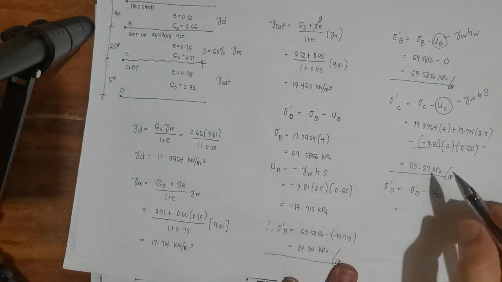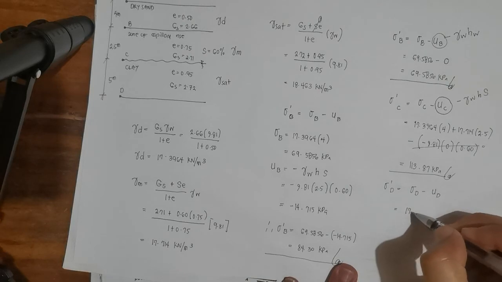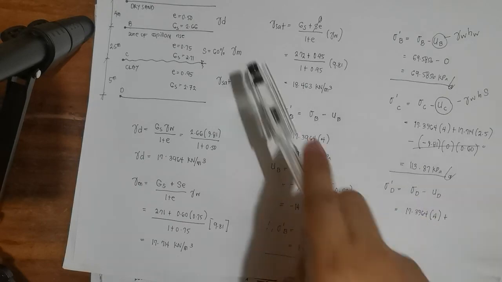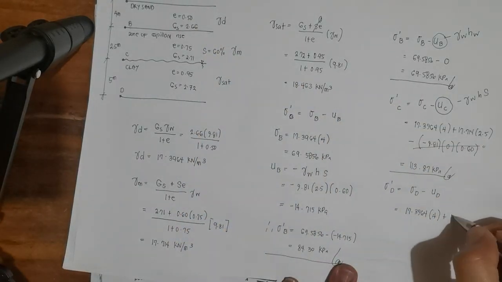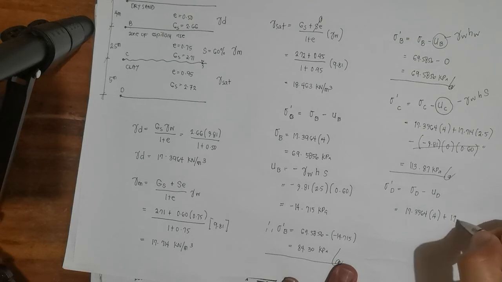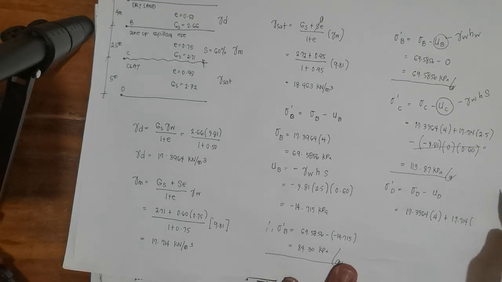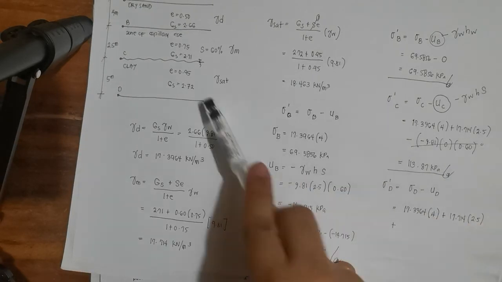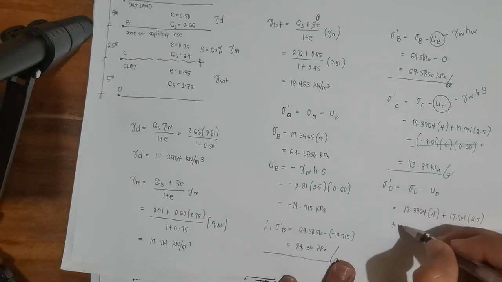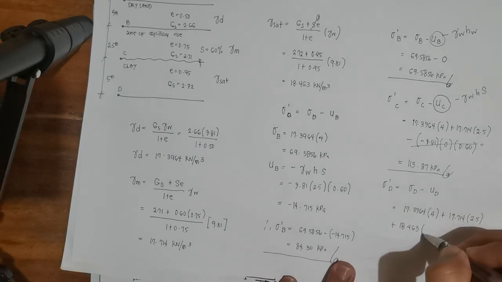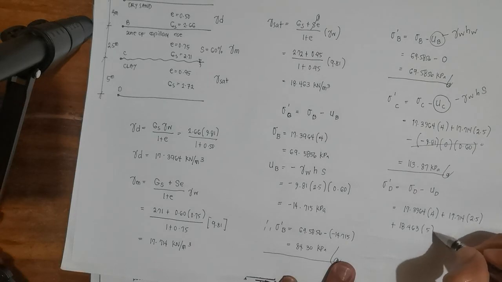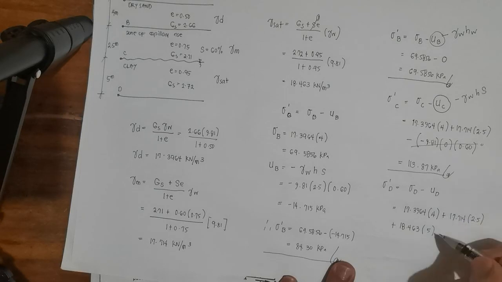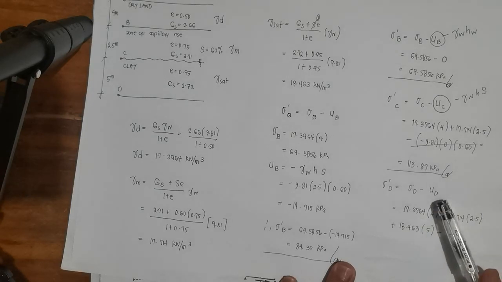So, that will be equivalent to 17.3964 multiplied by 4 meters plus second layer 17.714 times 2.5 plus third layer of soil 18.463 multiplied by the thickness 5 meters. That will be our total stress minus the water pressure at point D.